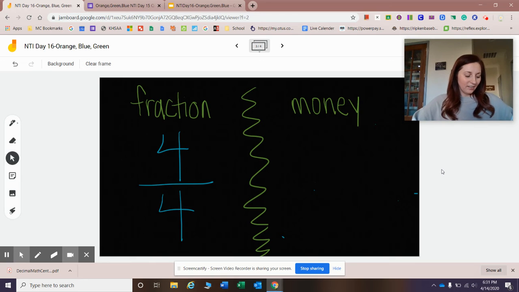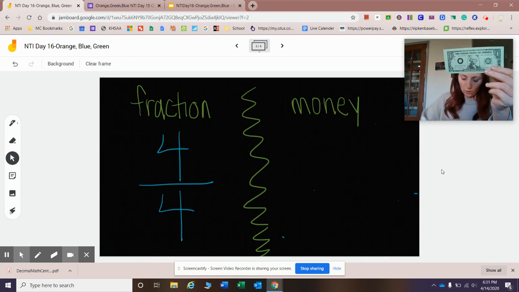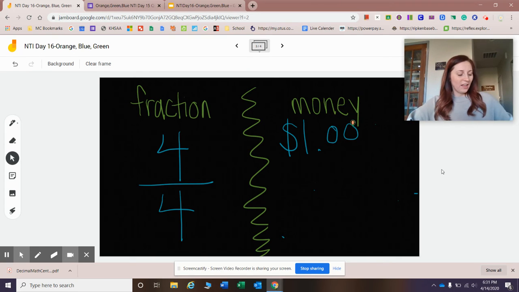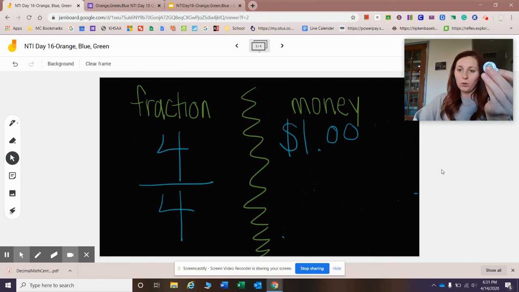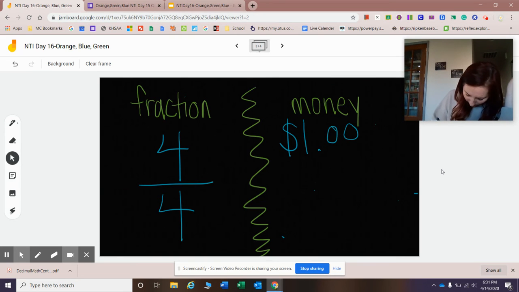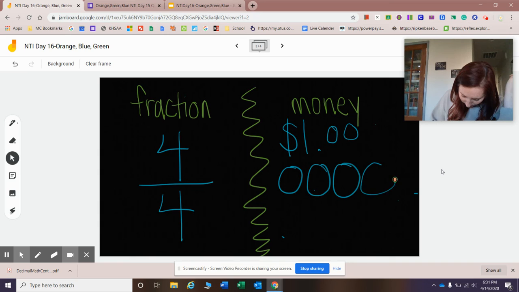Well, I know that that's the same thing as $1. I also know that that's the same thing as 4 quarters because it takes 4 to equal a whole. So I know 25 cents, 50 cents, 75 cents, $1. So I'm going to draw in 4 quarters.